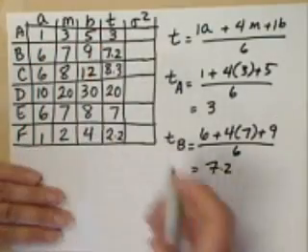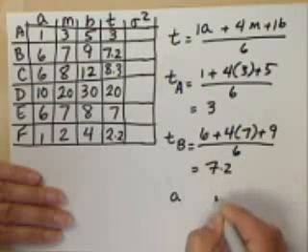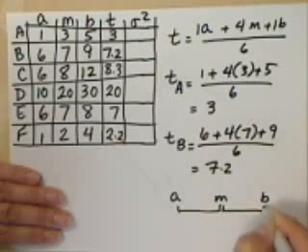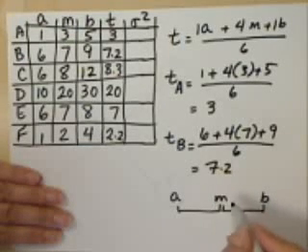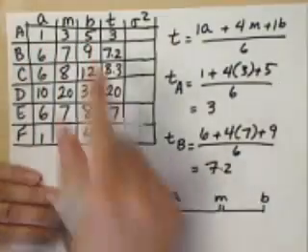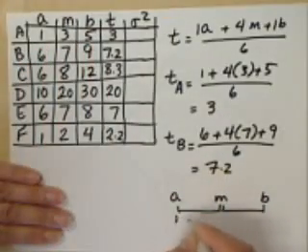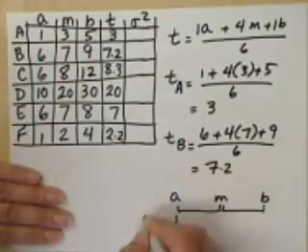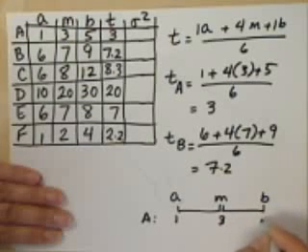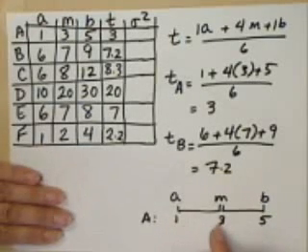For those activities where the A, the M, and the B are equal distance apart, the average or the expected value will always be that middle value. For example, for activity A, A is 1, M is 3, and B is 5. 1 and 3 are 2 units apart, 3 and 5 are 2 units apart, so the average is going to be that.